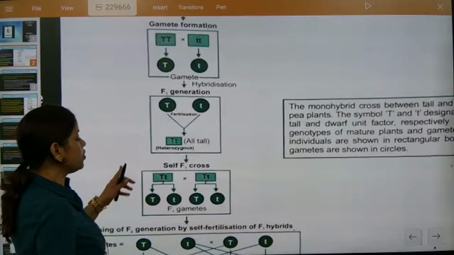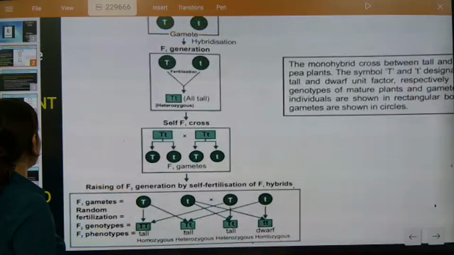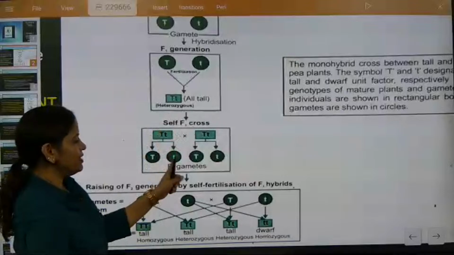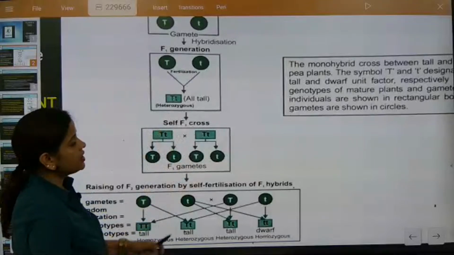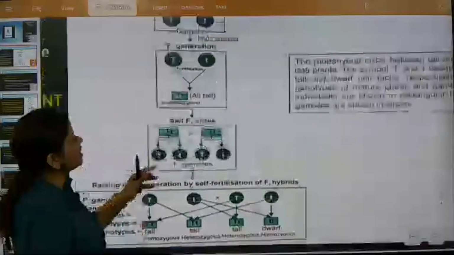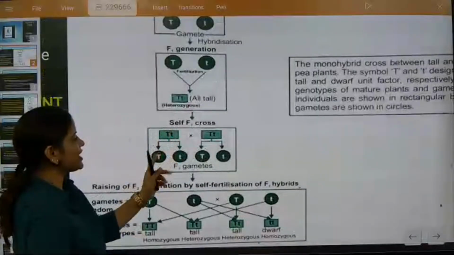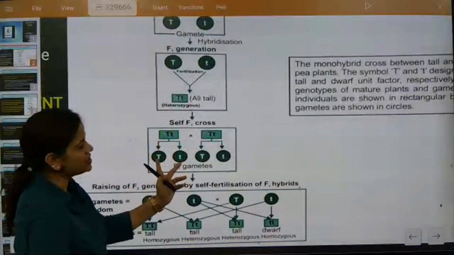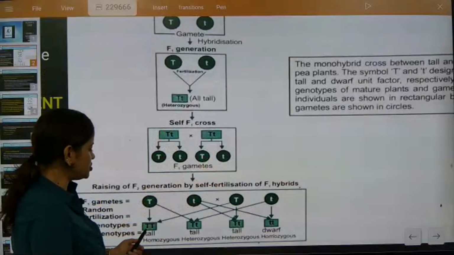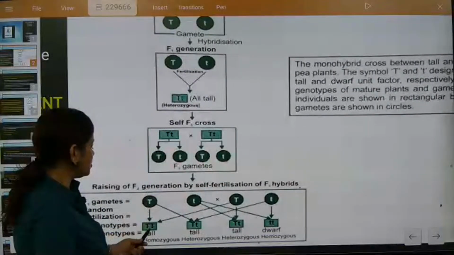But now we are going to go for the F2 generation. In the F2 generation, again the same mixed will be crossbred. This time, this Tt will come as capital T, small t. Can you see? So now self. So one single T and T will merge. Understood? So this is tall.